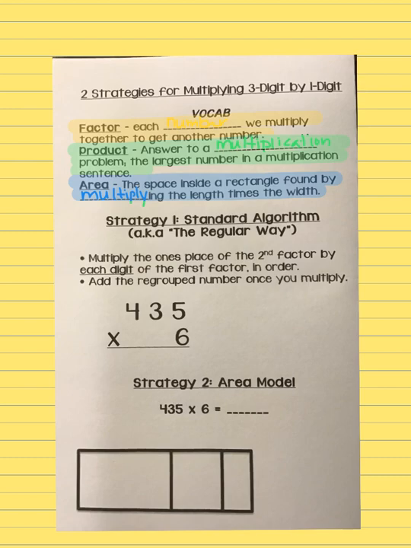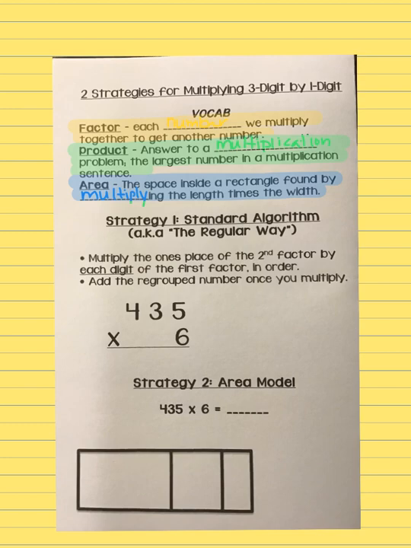Strategy 1, which is your favorite, the standard algorithm. AKA means also known as. So AKA the regular way. I know you guys like this way, so we're going to make sure we walk ourselves through it.